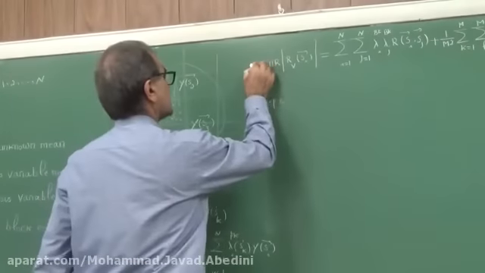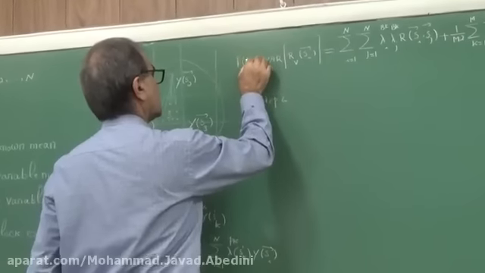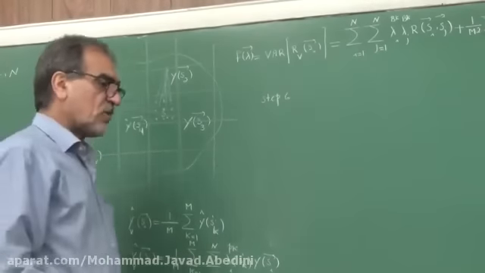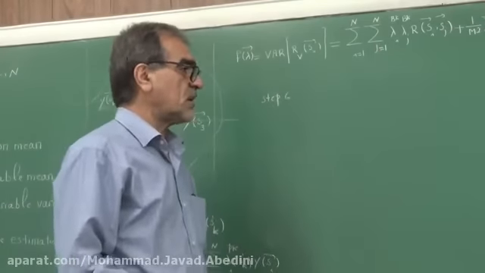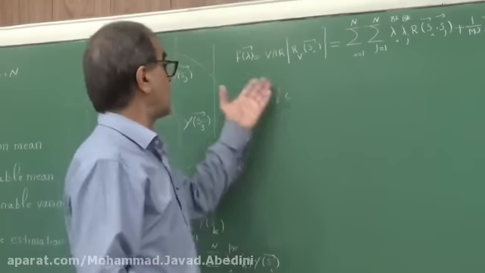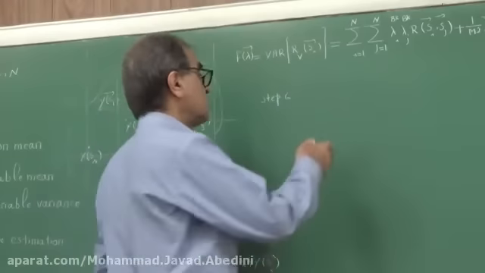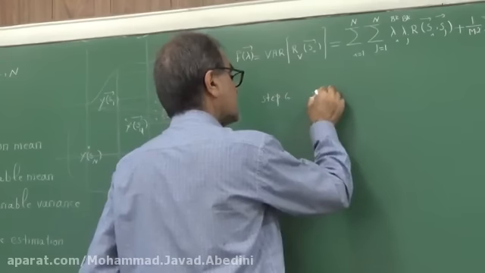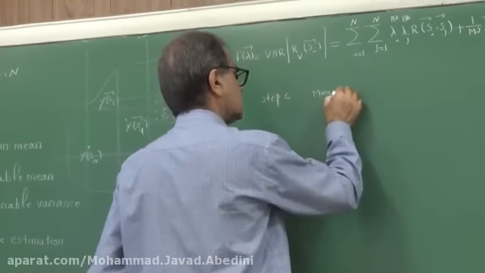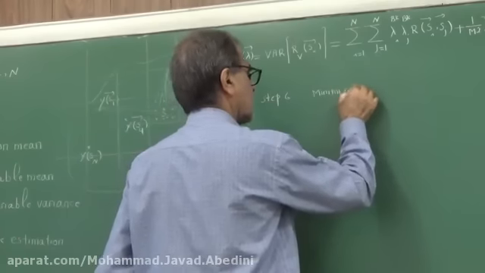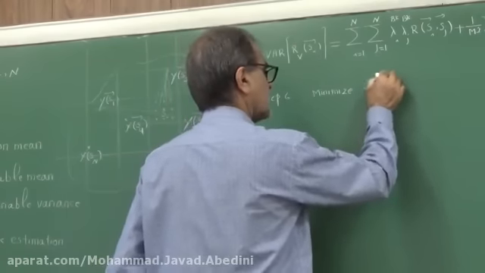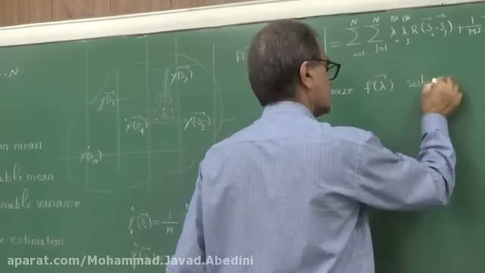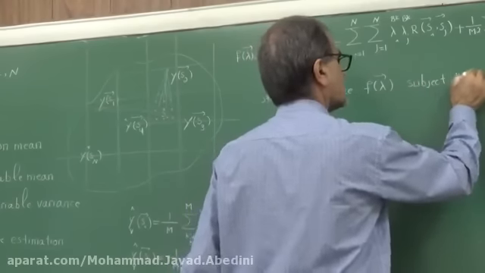If you call this f sub lambda, then in step 6, your final objective function has to be unconstrained. Here, your objective function is constrained. Let me write it in quantitative terms: minimize f sub lambda subject to the unbiasedness condition.